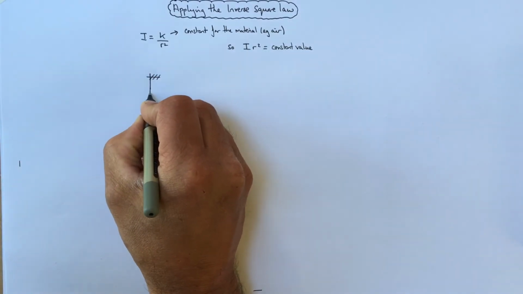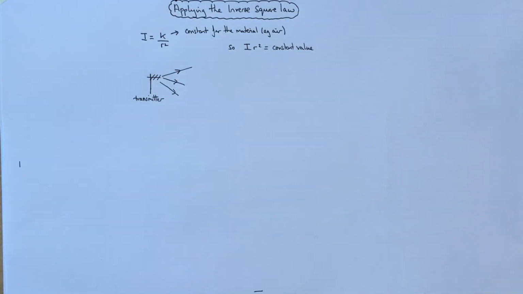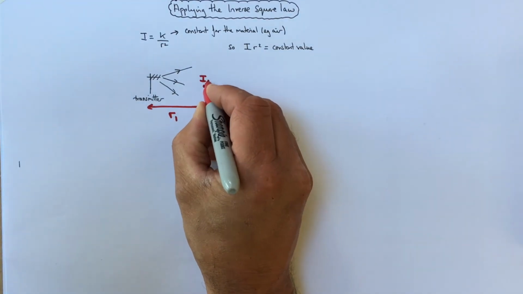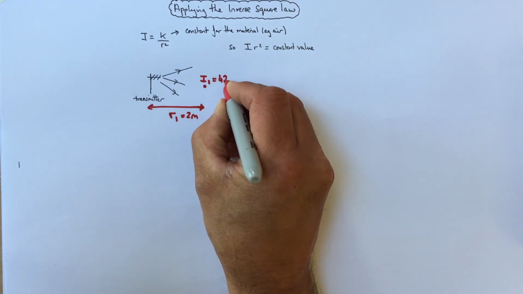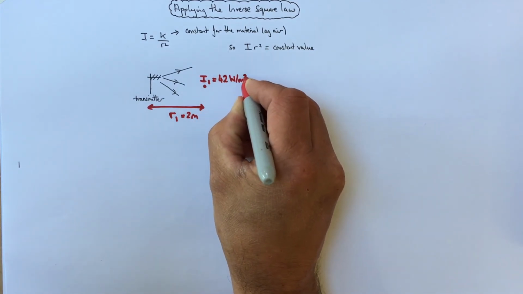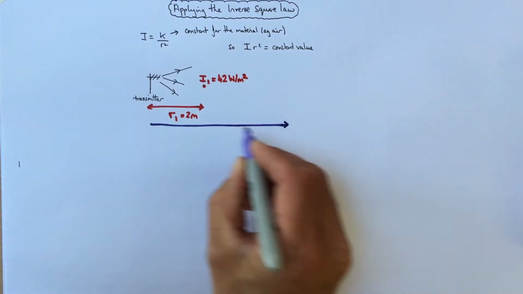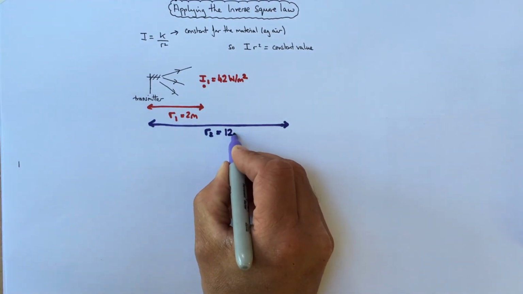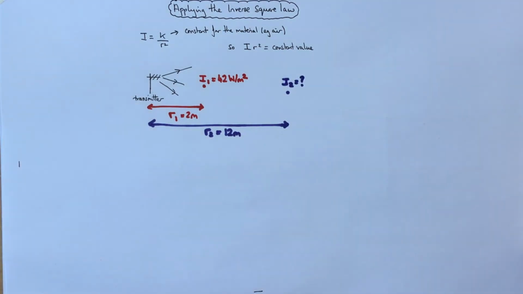So let's take an example of a radio transmitter. And let's say that the intensity at 2 metres away from the transmitter is 42 watts per metre squared. We could be asked what would be the intensity at a distance of 12 metres away from the transmitter.